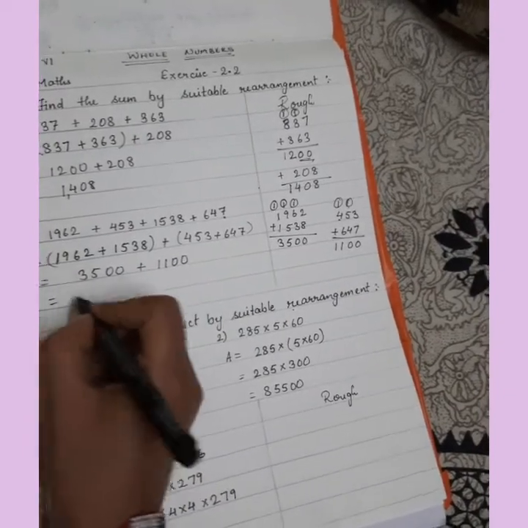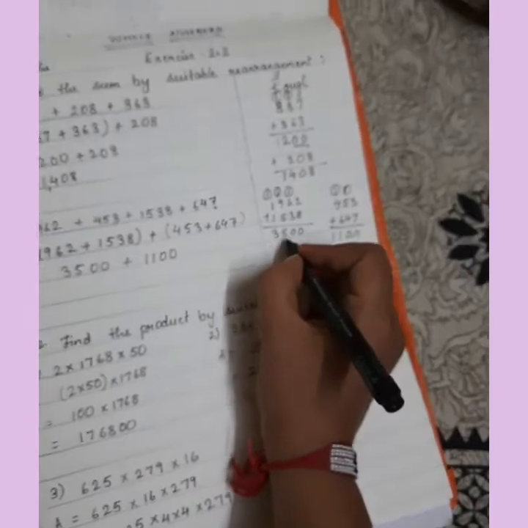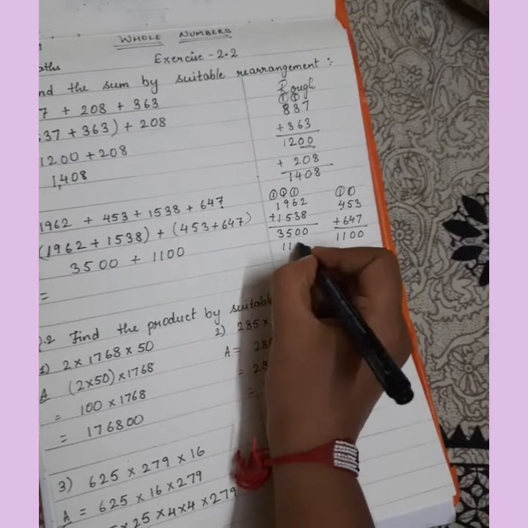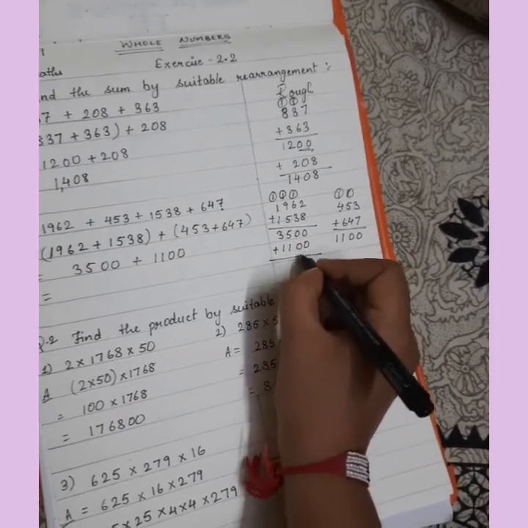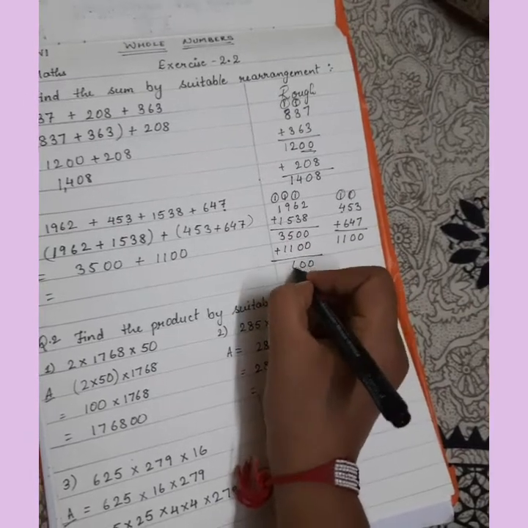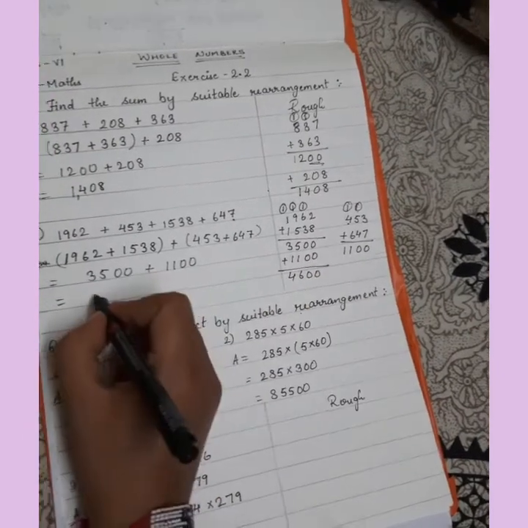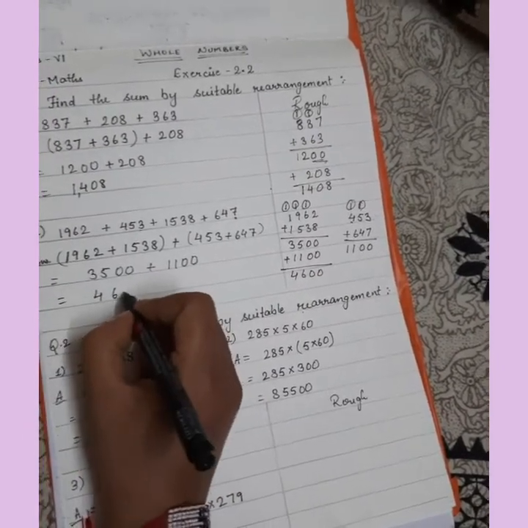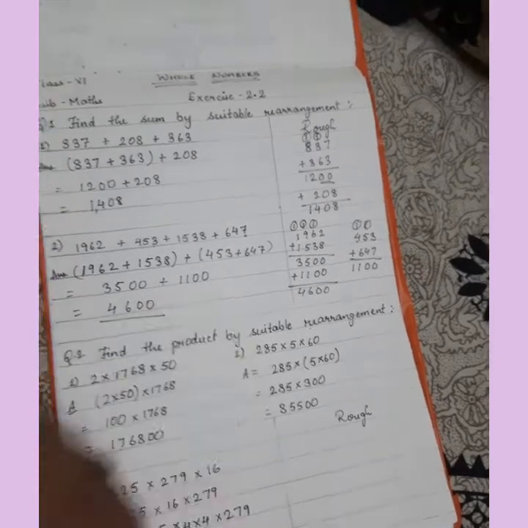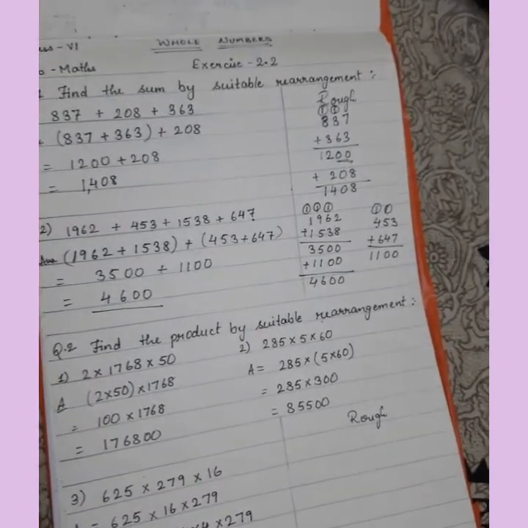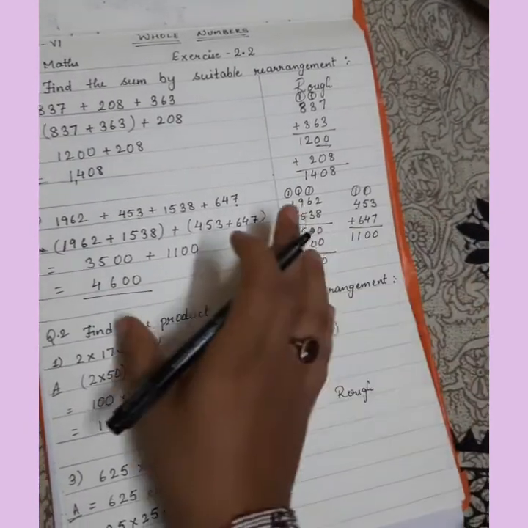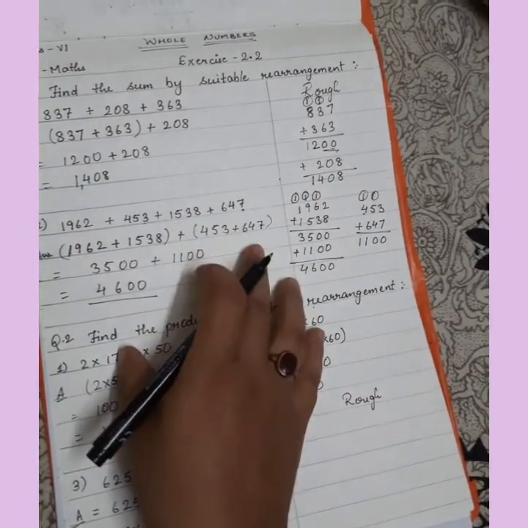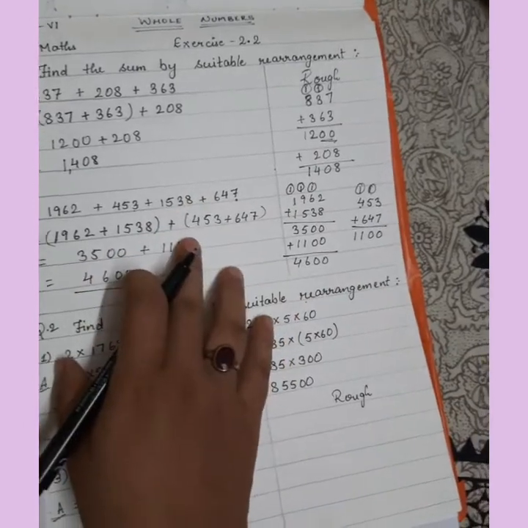Now you can add these numbers: 3500 added with 1100. 0 and 0, 0 and 0, 5 plus 1, 6, 3 plus 1, 4. So the answer is 4600. From here you can notice how easier the calculation becomes when we rearrange the numbers. Same way you have to do.